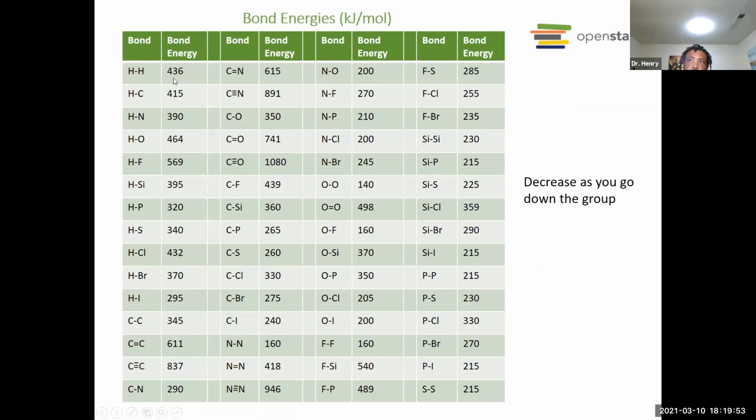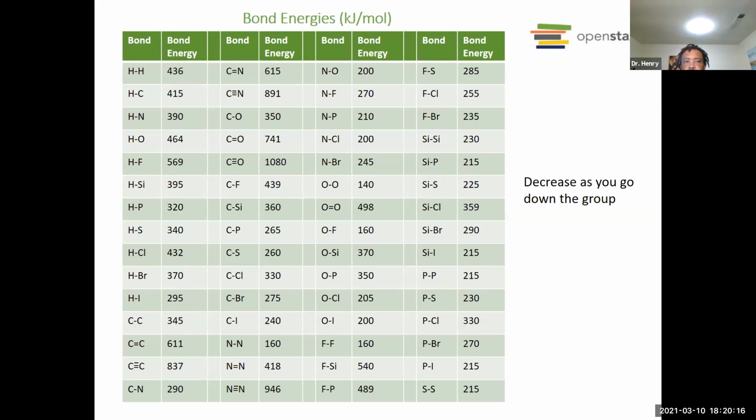Here we can see the energy associated with breaking each of the different bonds. Let's say this one has a double bond and this one has a triple bond. Going from a double bond to a triple bond, you get an increase. It takes more energy to break the triple bond than it takes to break the double bond.